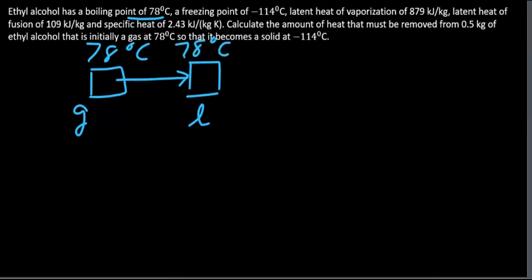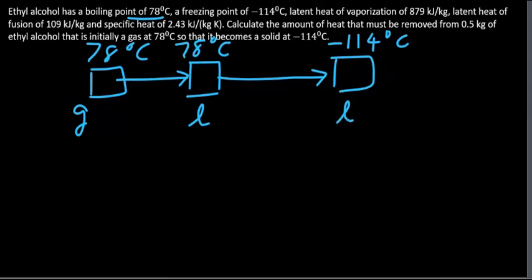Then this liquid will undergo temperature change to minus 114 degrees Celsius while still being in liquid phase. Then this liquid will solidify into solid at the same temperature, minus 114 degrees Celsius, because minus 114 degrees Celsius is indeed the freezing point.